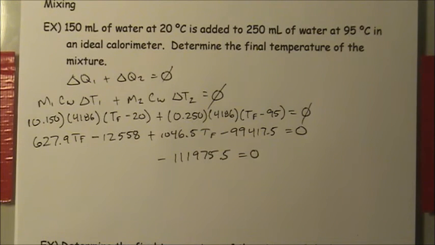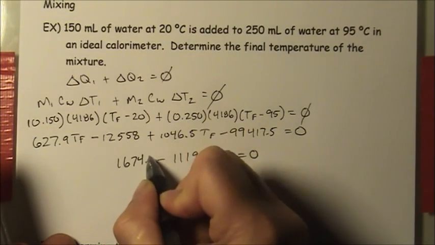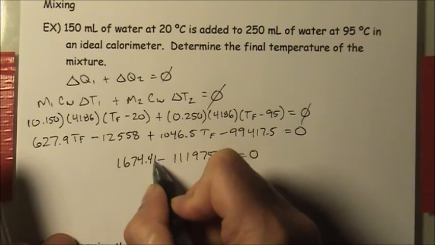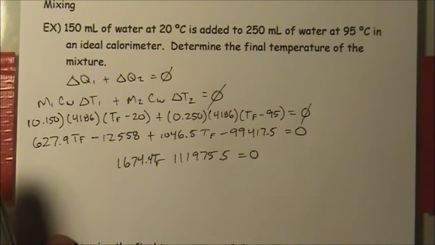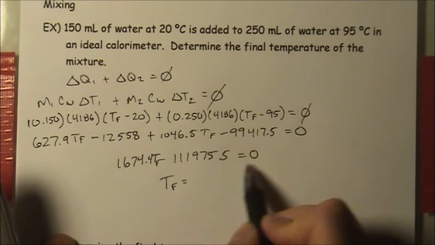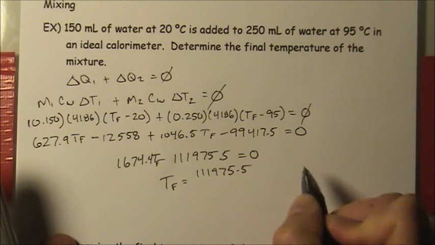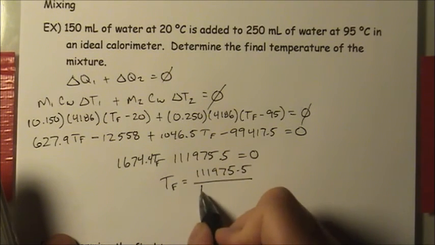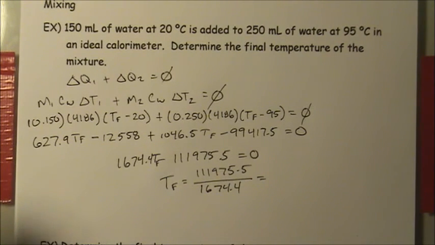And we'll add 627.9 plus 1,046.5, and that is 1674.4 TF. Sorry, I didn't quite leave enough room there. The way I'll calculate the final temperature is I'm going to move this over to the other side, 111,975.5, and divide by 1674.4 to get the final temperature.